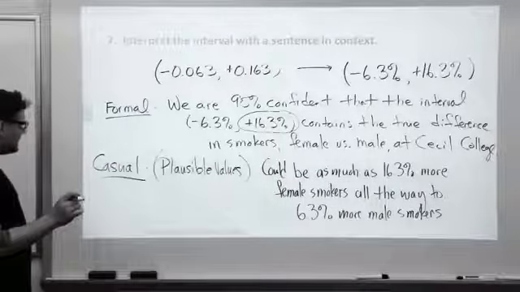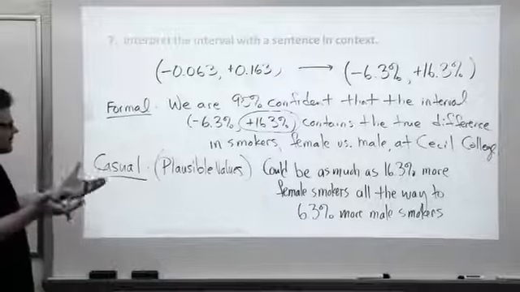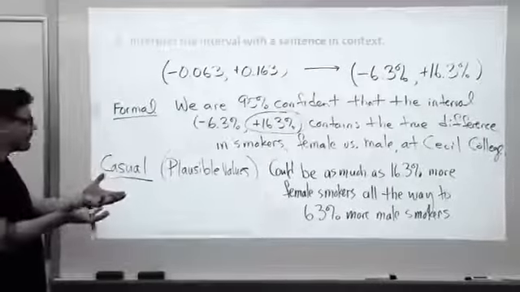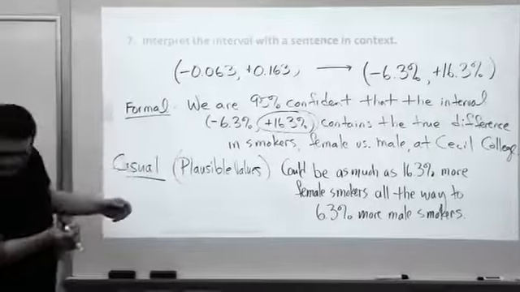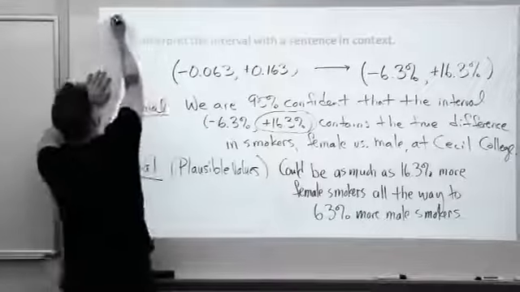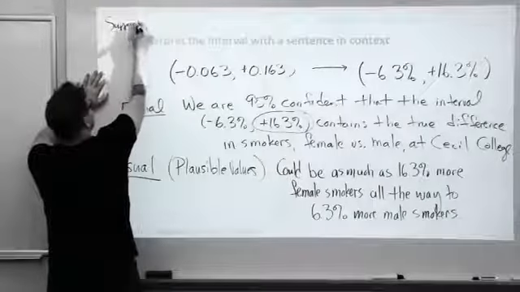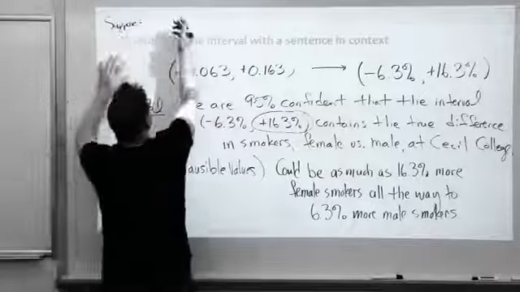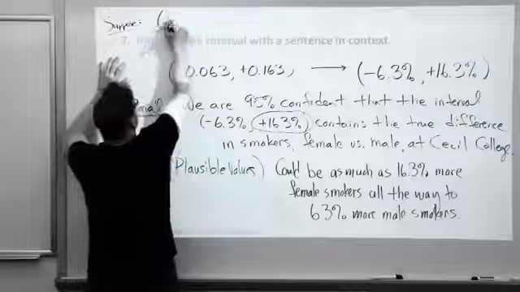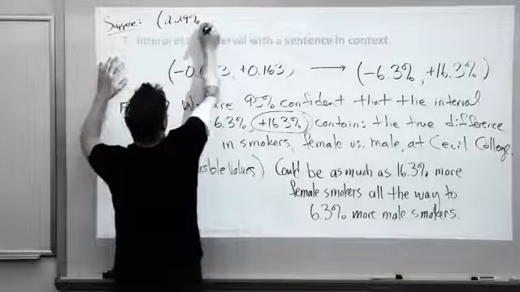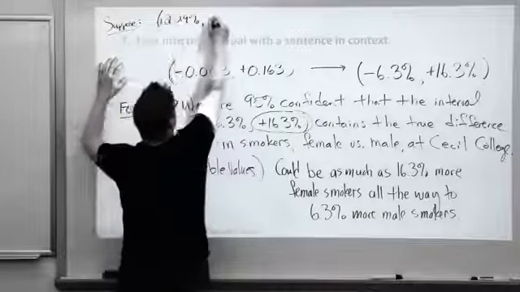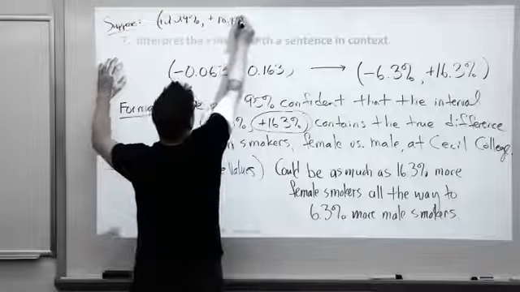Now, what would I need to conclude that, yes, there were more female smokers? So just think about this and then we'll wrap this one up. Just suppose the interval went something like 2.29% positive up to positive 18.1%.